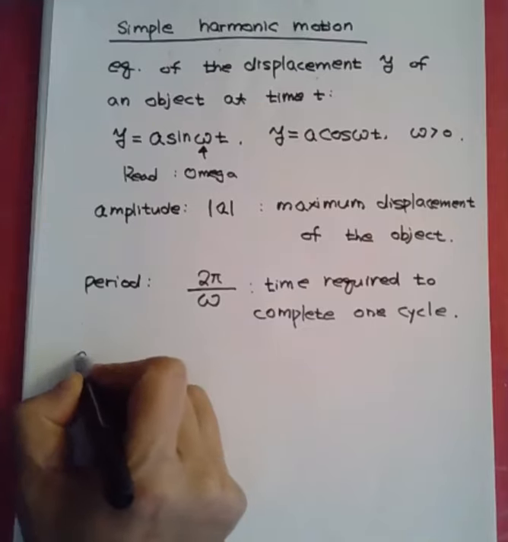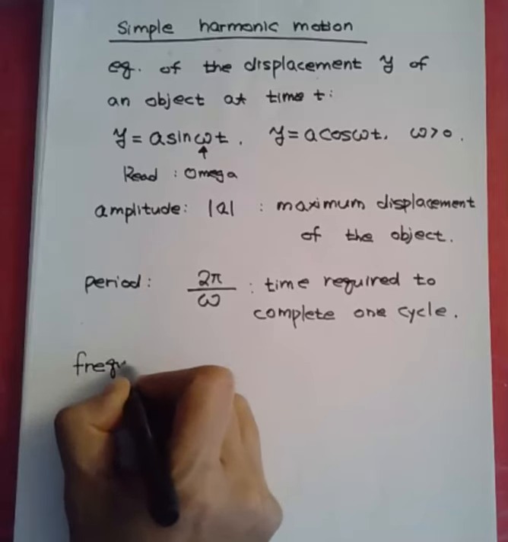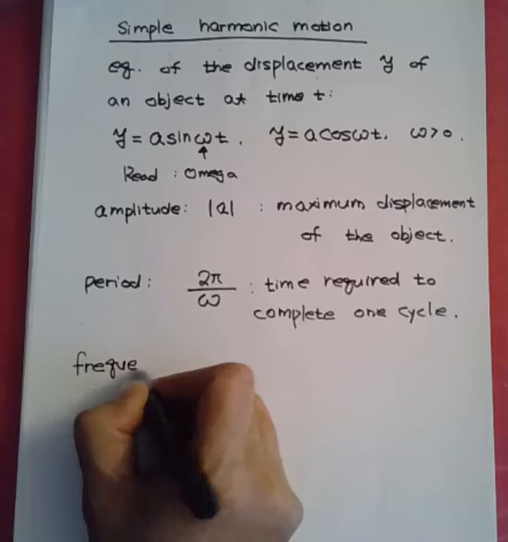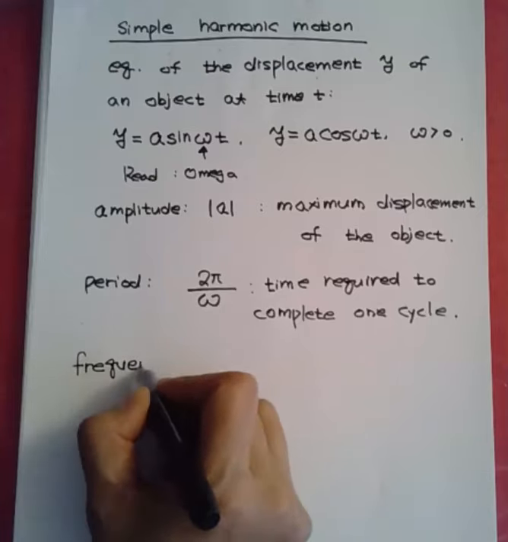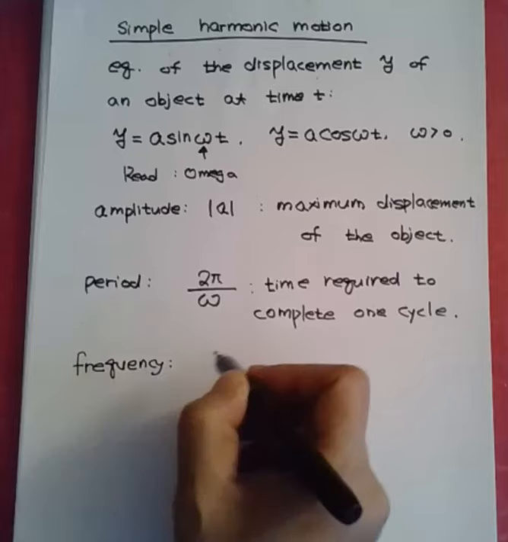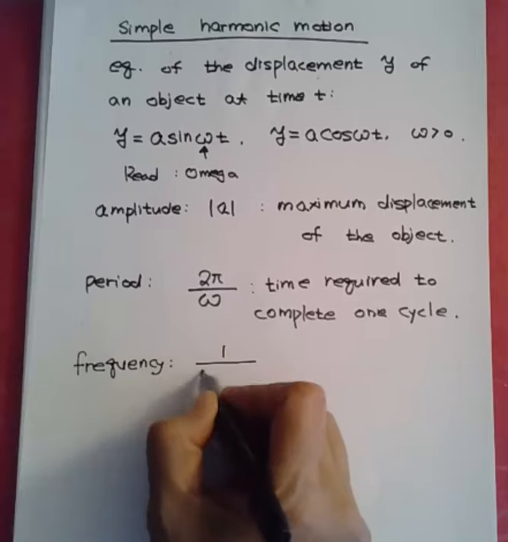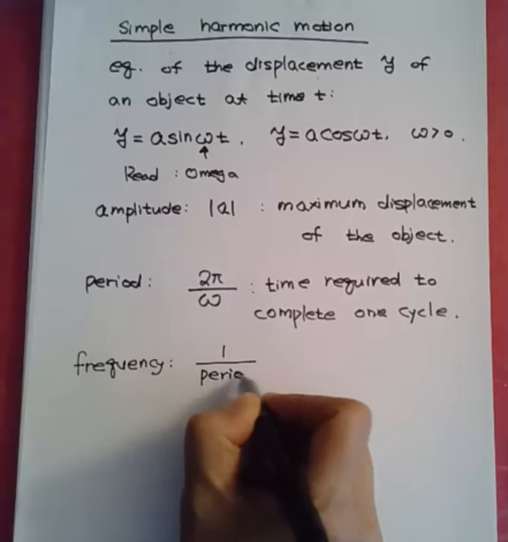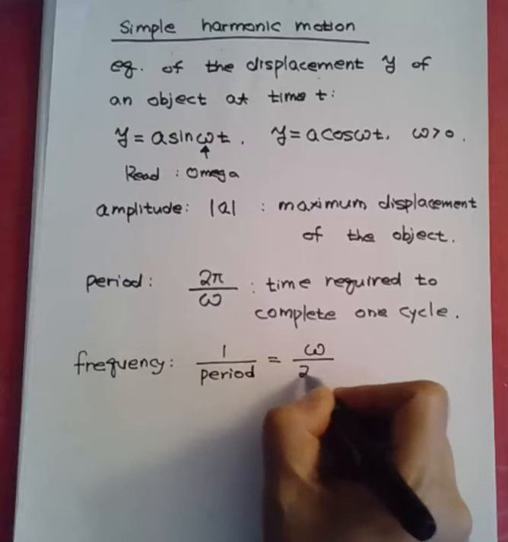What's important to remember, and what was absent in the sine or cosine function, is frequency. Frequency is the reciprocal of period, so we can formulate it as omega over 2 pi.